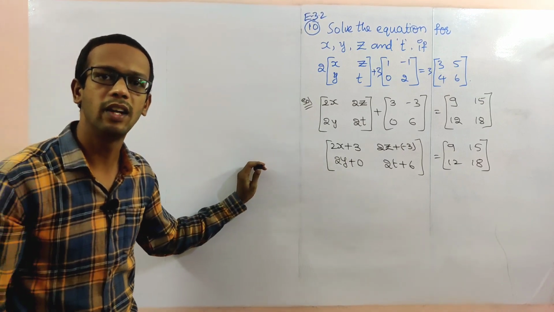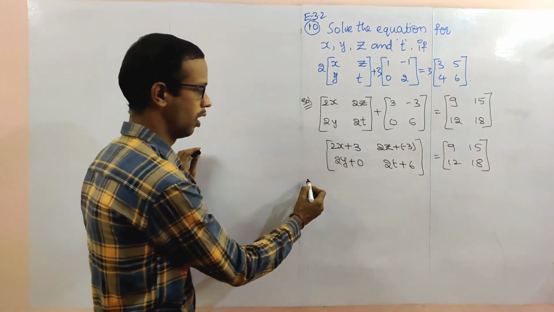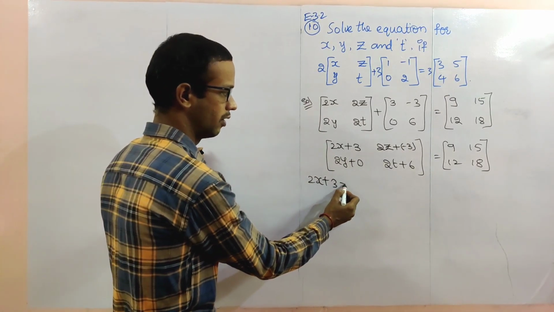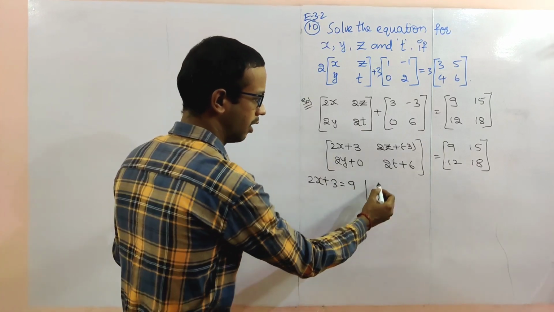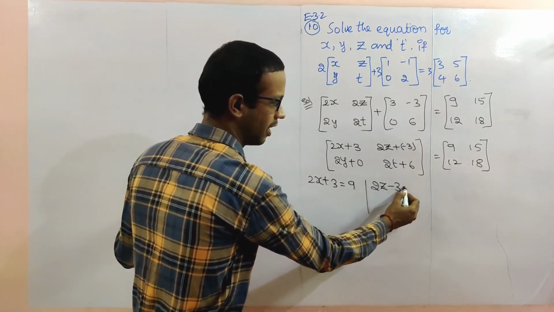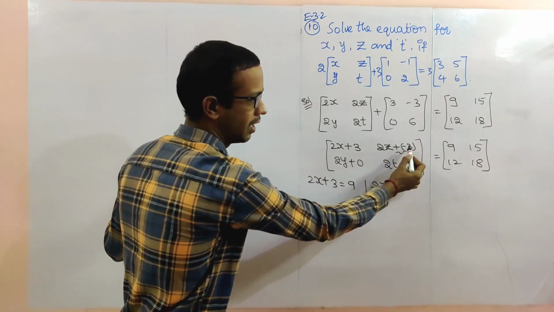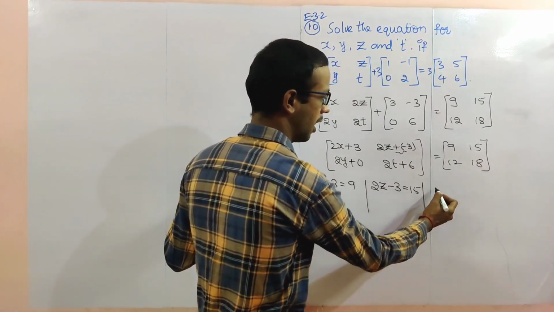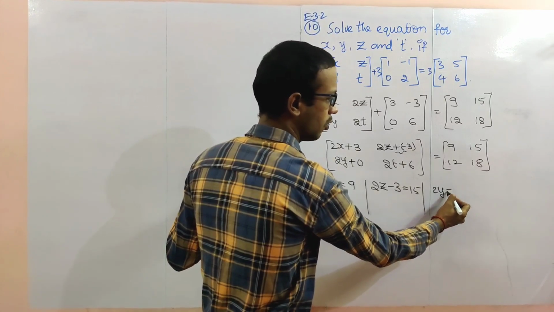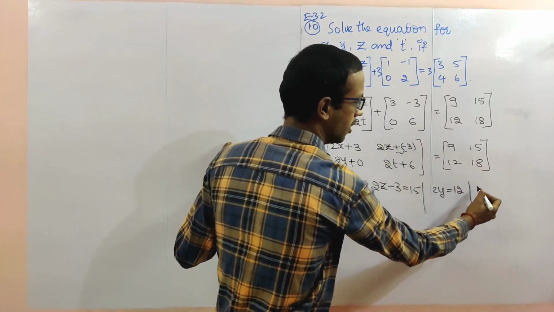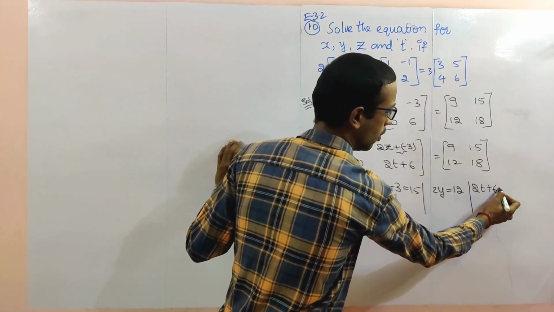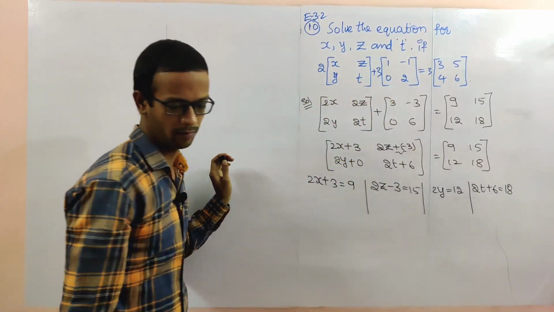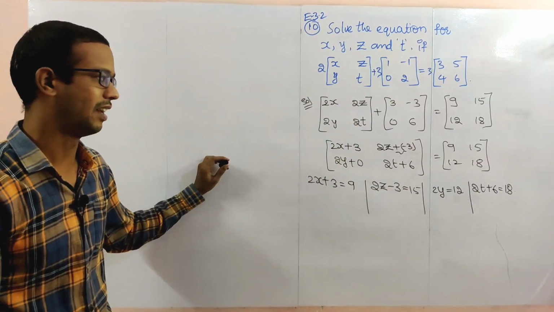So now equal means corresponding elements equal. 2x plus 3 is equal to 9. Next 2z minus 3, plus into minus we will get minus 3, is equal to 15. Next 2y plus 0 is 2y equal to 12. Next 2t plus 6 is equal to 18.